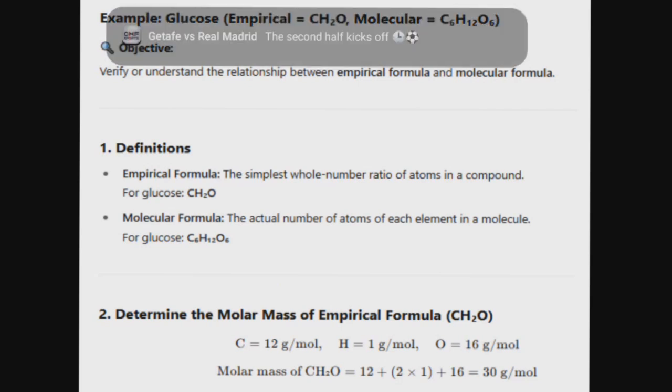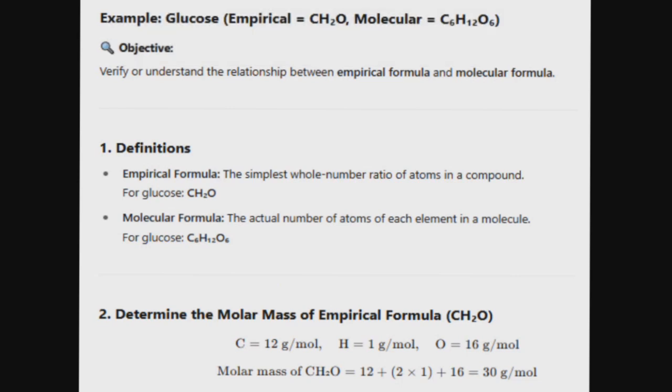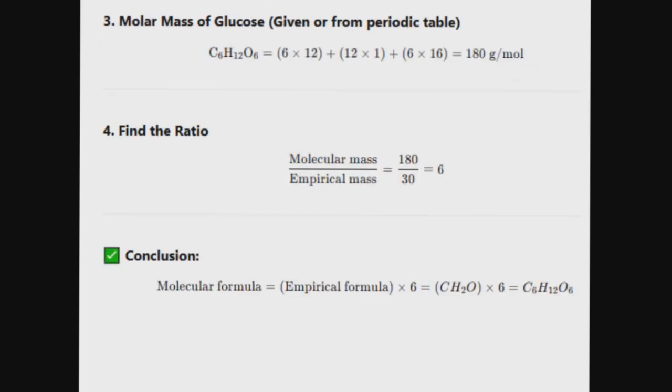Then for the next one, whatever they give you as your molecular formula, just find the molar mass of the atoms of that compound, add them together, and use it as your molecular mass, and then you can easily find the ratio.